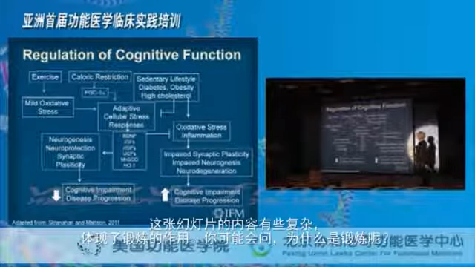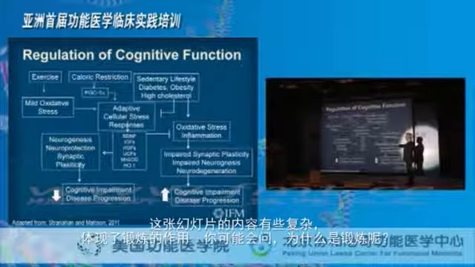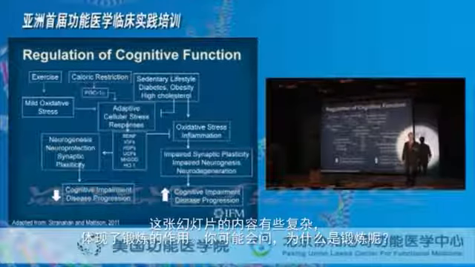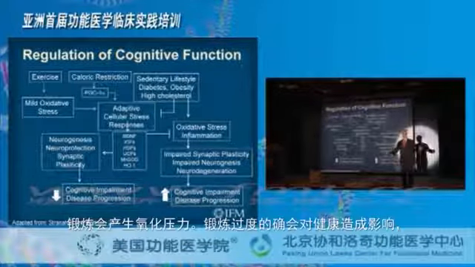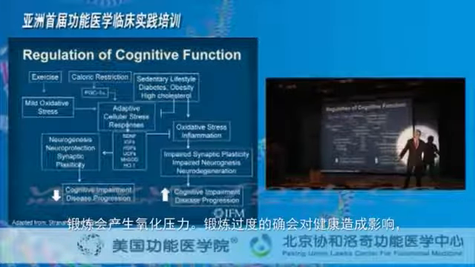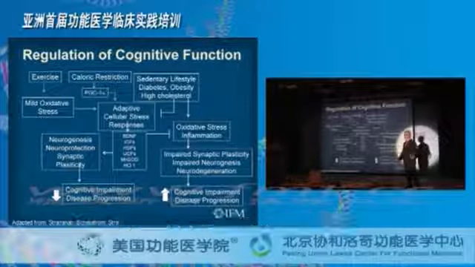So this slide, kind of complex, shows how exercise, you may say, why would exercise do that? Exercise creates oxidative stress. Exercise, too much exercise, can be a problem.